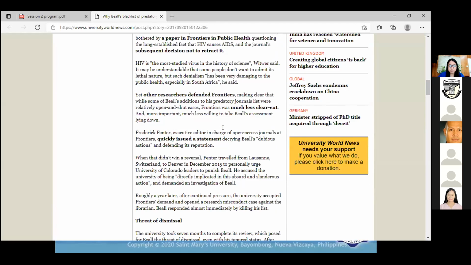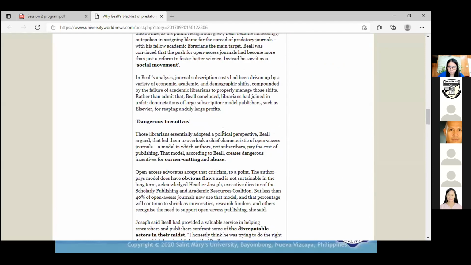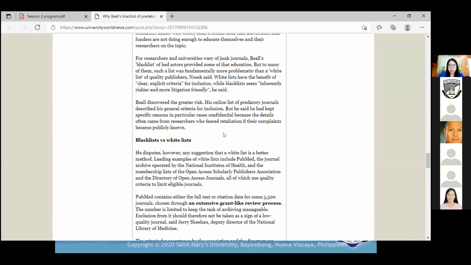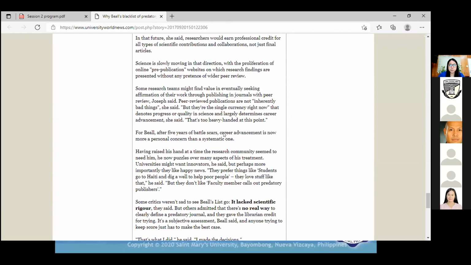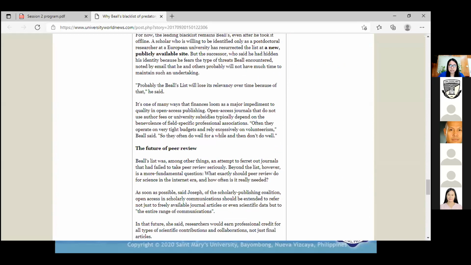But the article ended also with this issue, so it also caught my attention. If you want to read about this, you can go back to it when you receive the copy of our PowerPoint presentation.